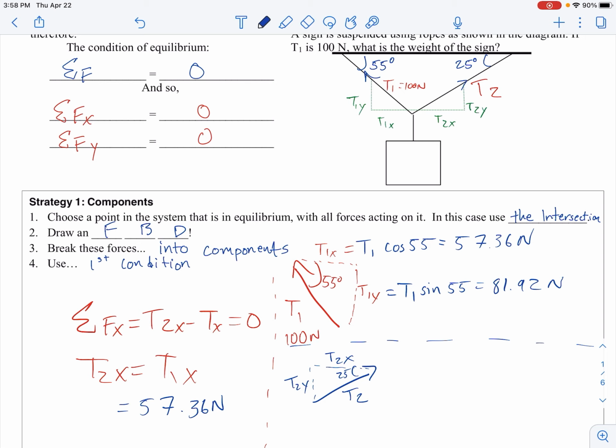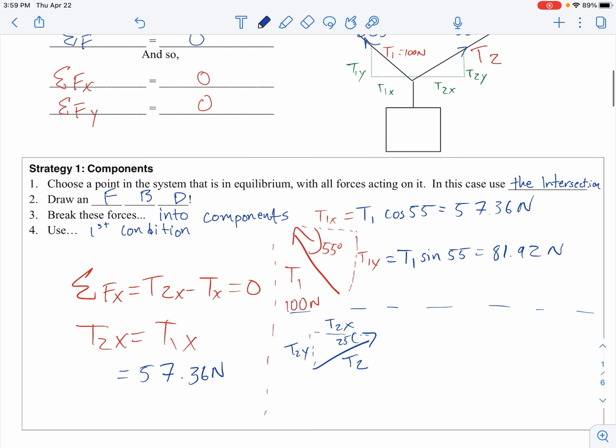Now we can use our tan function to find T2y. Tan of our angle is going to equal T2y, our opposite, over our adjacent, and I know my adjacent, T2x. So T2y equals T2x times tan 25, which is 26.75 newtons.